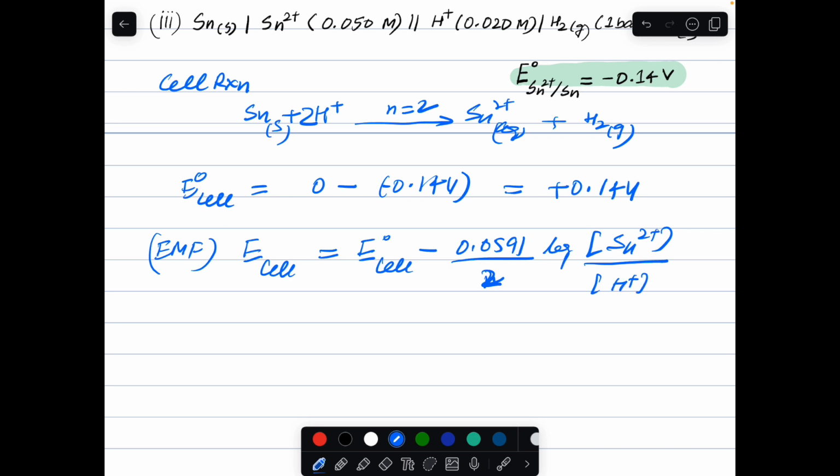Okay, so here in this case, tin is undergoing oxidation. So this is on the product side, and on the reactant side we are having the standard hydrogen electrode.